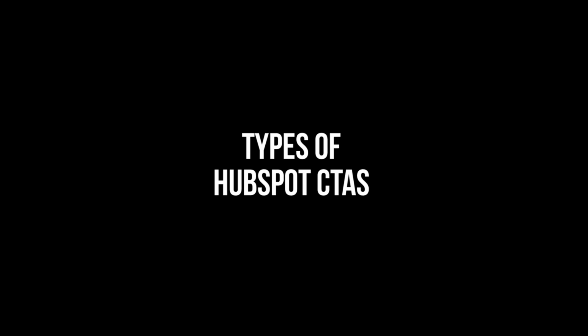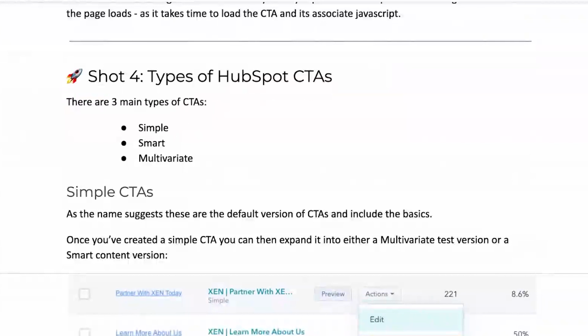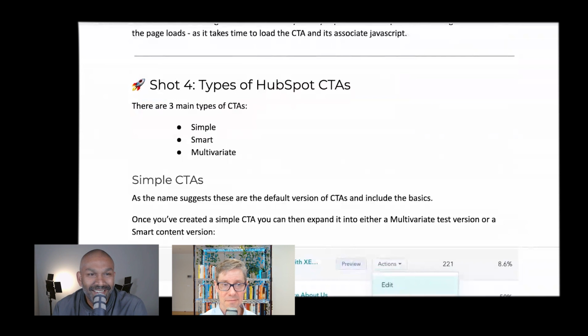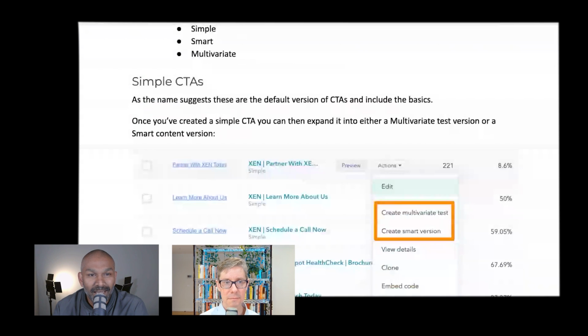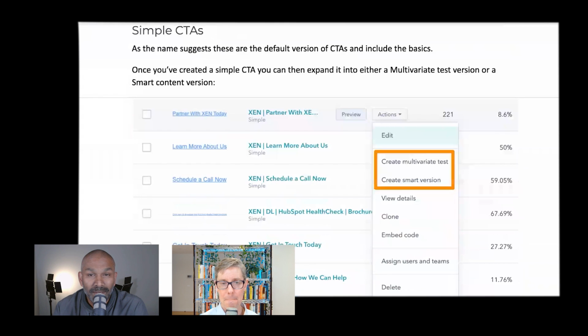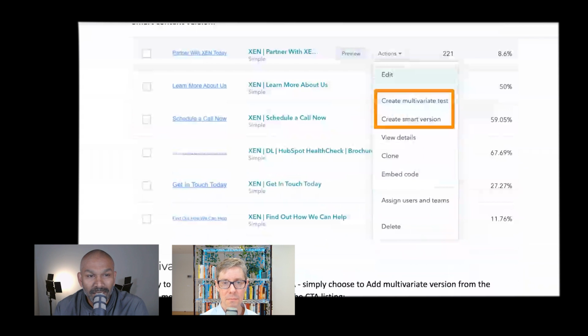All right, now moving on to the types of HubSpot CTAs that are available. There are three main types: simple, smart, or multivariate. Most people start off with simple CTAs, just using that single CTA. The next one that people often use is multivariate.